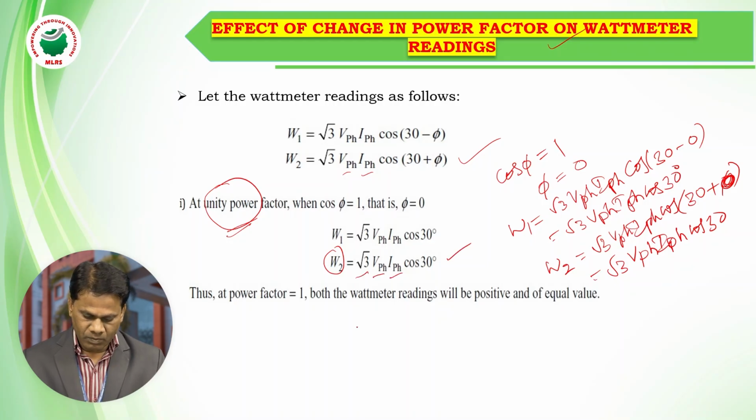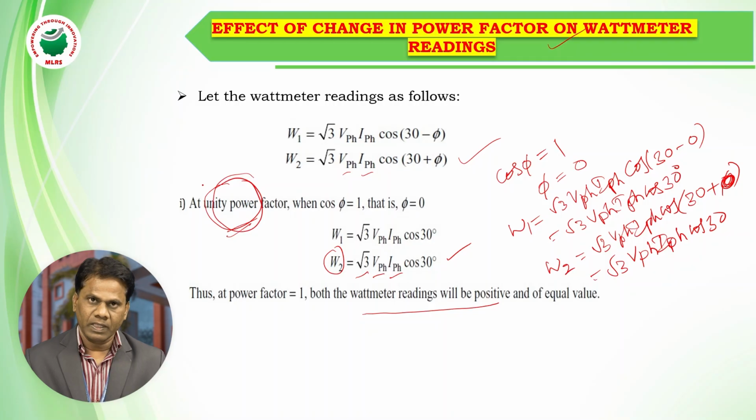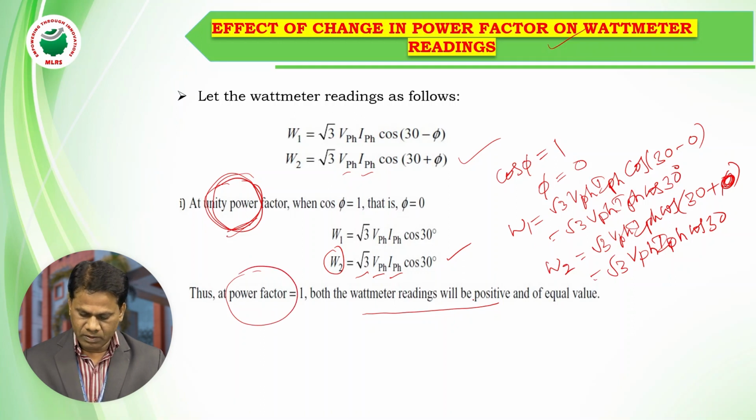That means both wattmeter readings are positive. For unity power factor, both wattmeter readings will be positive and their values are equal. So this is the effect on wattmeter readings when the power factor is unity.